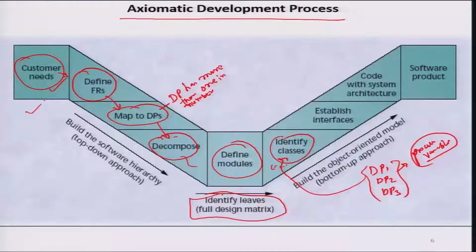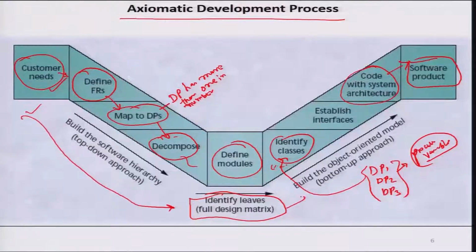After that, if you can convert it into a coding system, then you can automate your system design process, and it will come as a software product. This is the way to do axiomatic design step by step.